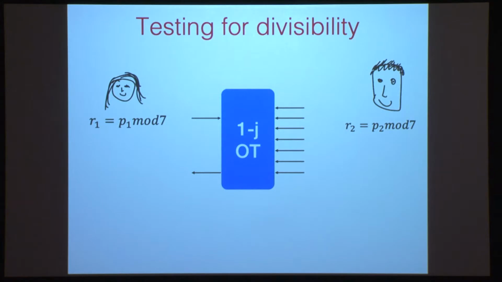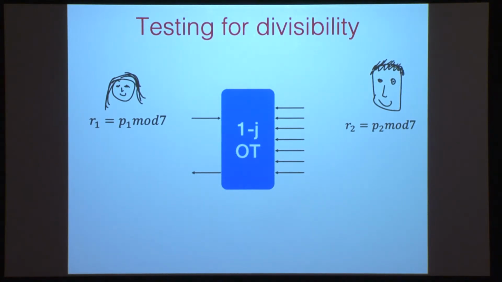So what you're going to do is a 1 out of 7 oblivious transfer where the right-hand side is just going to put random numbers, m1, m2, ..., m7, okay? And the left-hand side is going to use r1, which is p1 mod 7. They're going to take this number r1, and they're going to select the r1-th element in your list, okay? So let's say that r1 is 5, I will learn m5, okay?